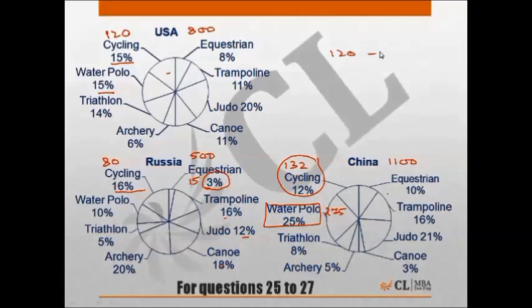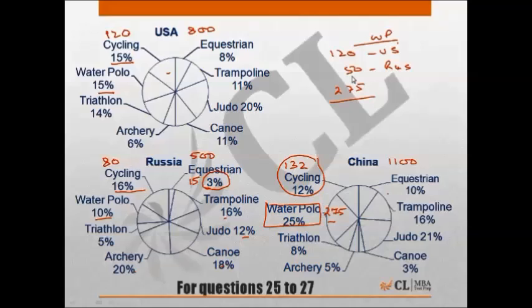Russia is 10% of 500, which is another 50. And China, we just calculated 275. So that makes it 275, 325, 445.